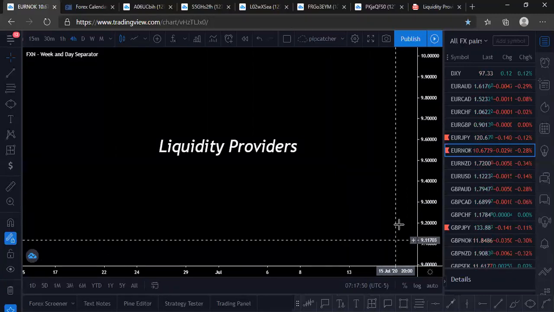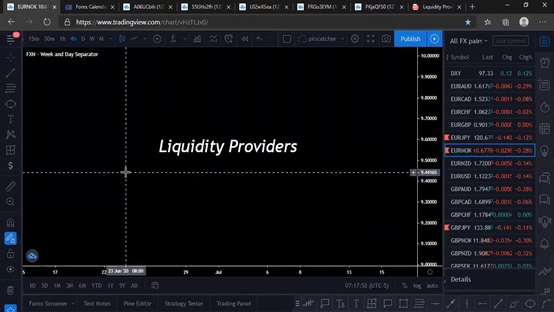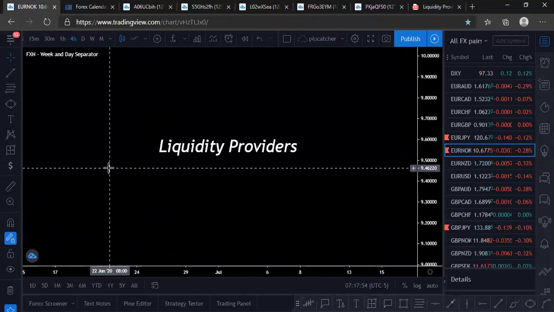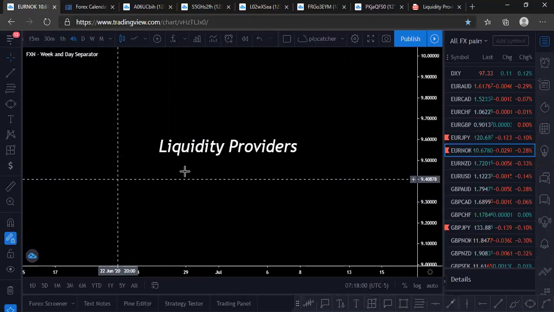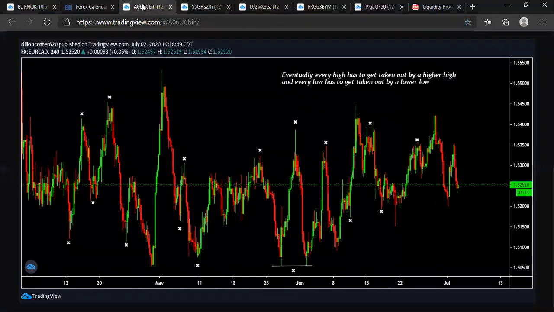So today I want to be talking about liquidity providers, or just liquidity in general. When you think of liquidity, liquidity is essentially just money.